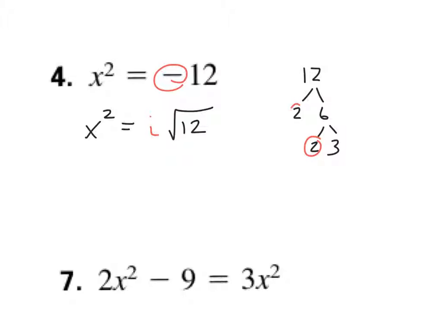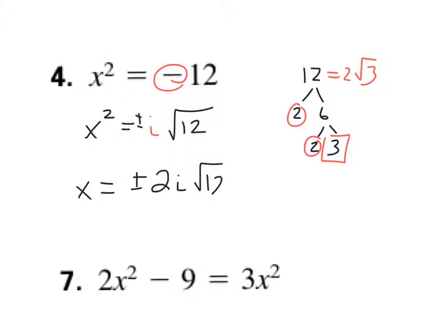Notice that a pair of 2's comes out, and the 3 stays in. So notice how we're going to write this answer. It's not pretty, but I did forget a plus or minus. So it's plus or minus 2i radical 3.